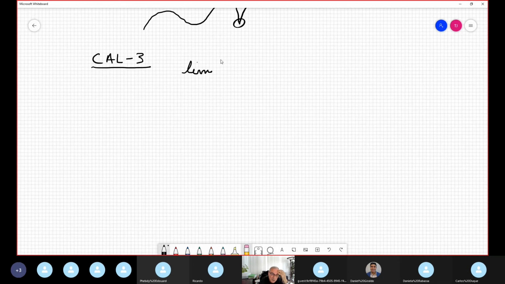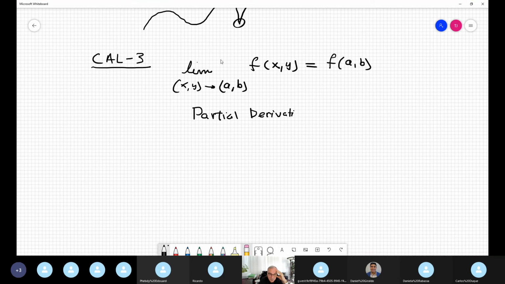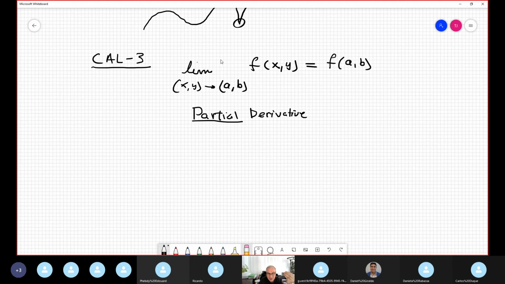Limit when the x comma y approaches one specific point, a comma b, of the function in 3D, for example, is equal to a number, but a number that coincides perfectly with the function. It's continuity. We study partial derivative. But the partial derivative is a very limited concept because it's the derivative in a specific direction.